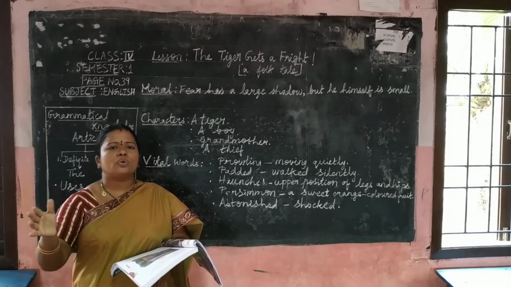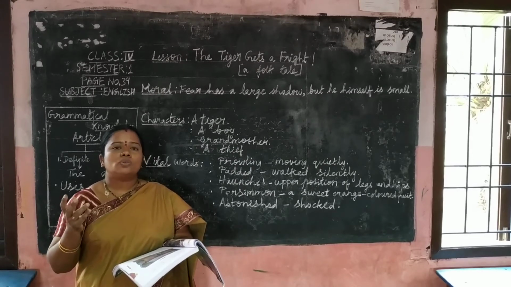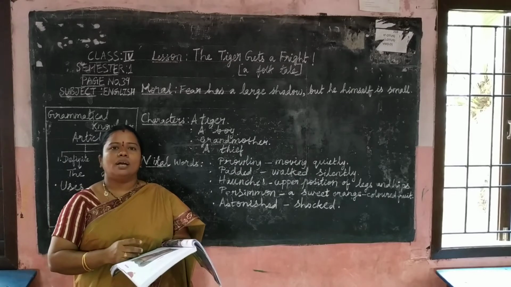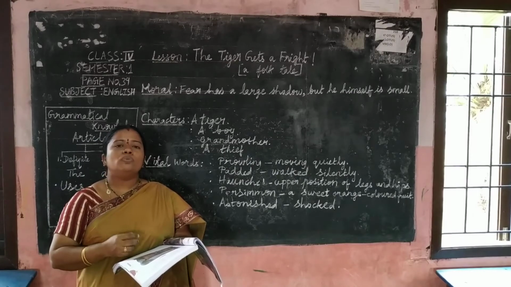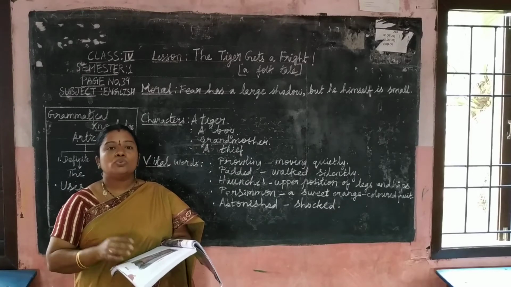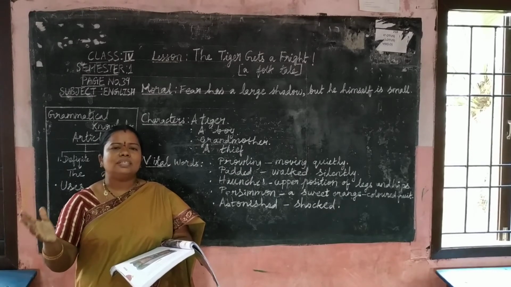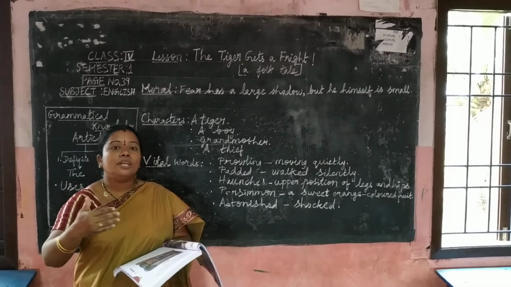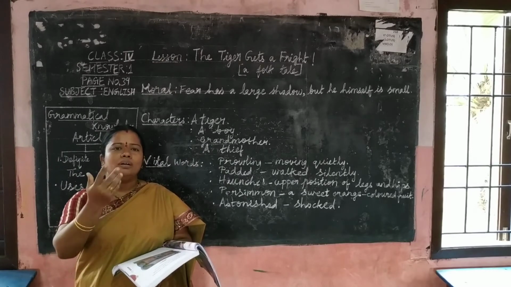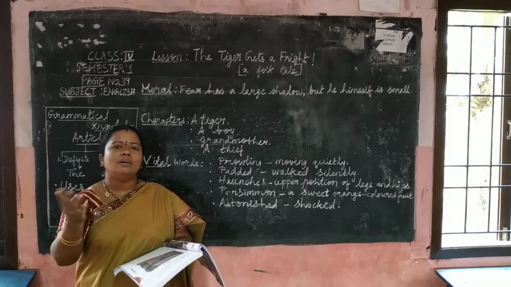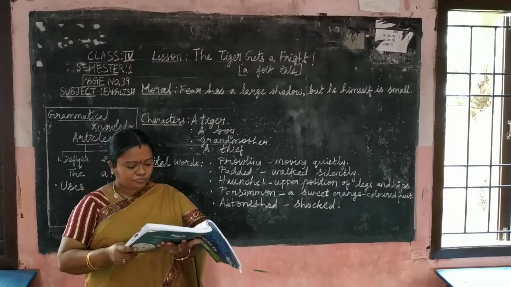And when it was crossing a house, it heard that a boy was crying and he was very sad. So what did the tiger do? The tiger went near the window of the house and it is listening to the conversation between the family members.